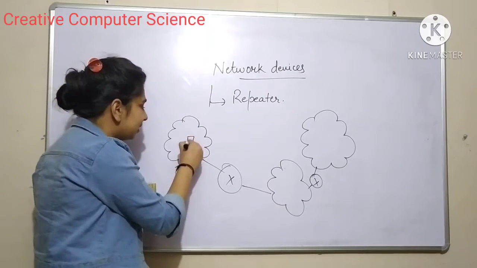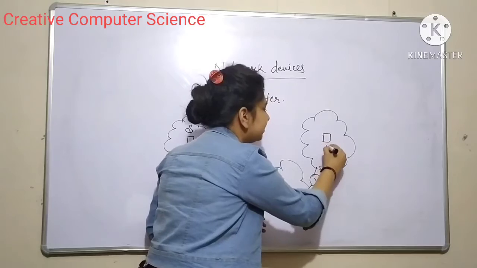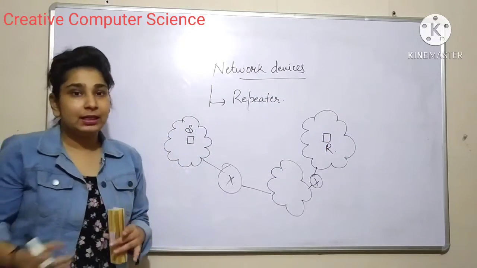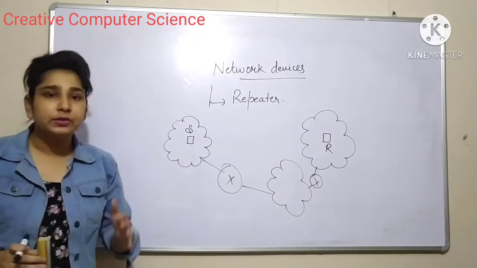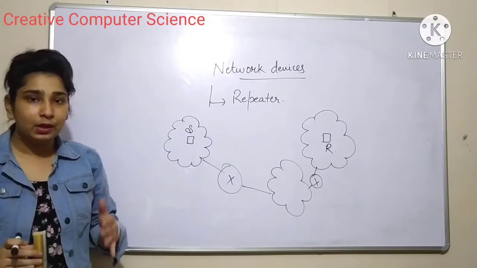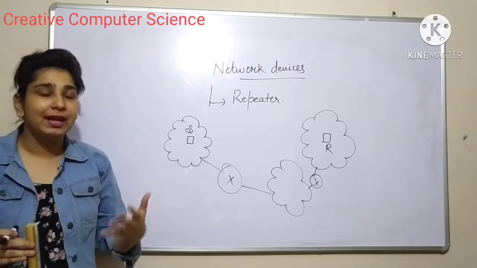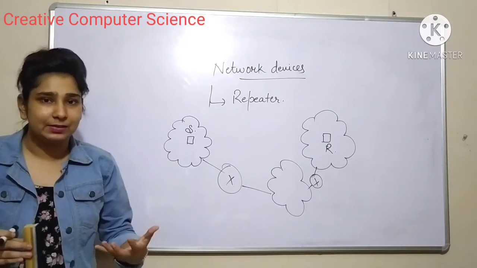Let's suppose this is the sender and this is the receiver. The sender wants to communicate with the receiver. In today's world, we can communicate even between two countries.